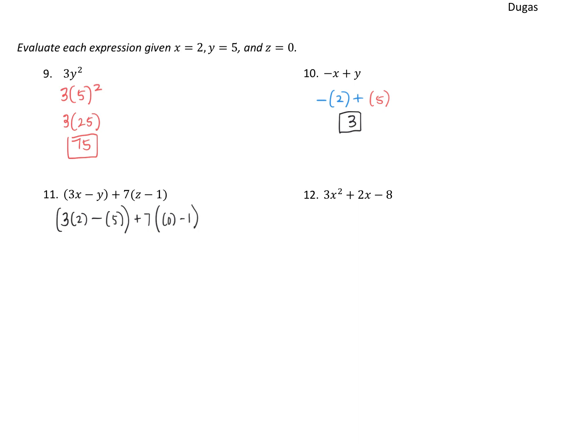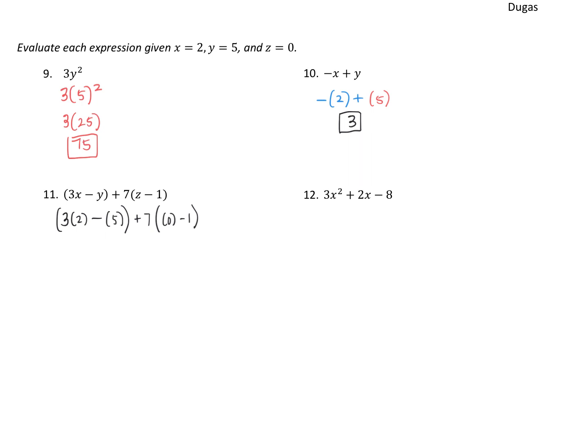It seems unnecessary to put all these parentheses, but again, it's just a habit that I like to get in whenever I'm plugging something in. It doesn't make a huge difference now, but if you're plugging stuff in and it's negative, and you already have a negative in your expression and or an exponent, it can make a big difference.